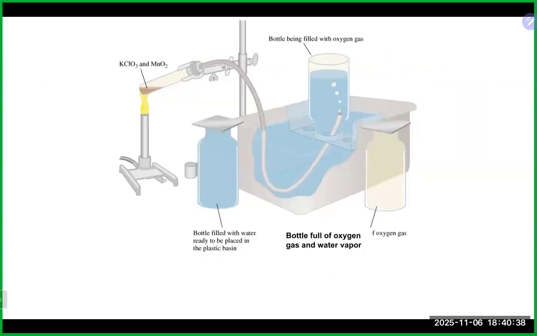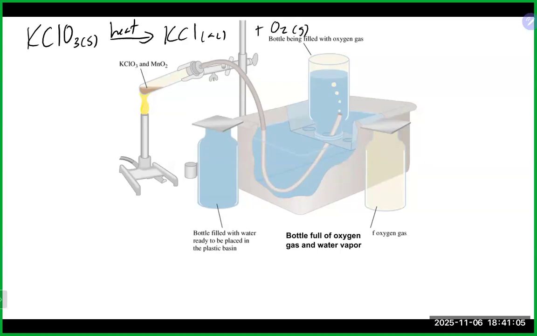The third type of partial pressure problem occurs a lot of times in the laboratory based on how you collect your gas. For example, this is a popular experiment, very famous. We take a little potassium chlorate, which is a solid. You heat the heck out of it in a test tube. It will go through a decomposition reaction, make a little potassium chloride, and it will generate some oxygen gas.